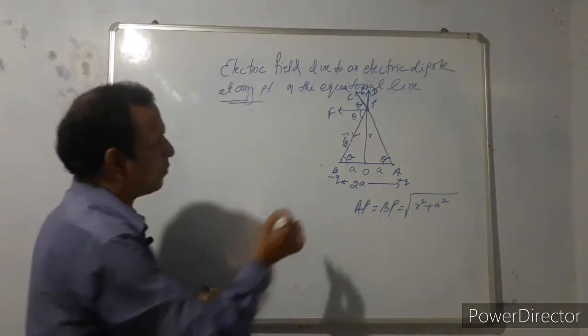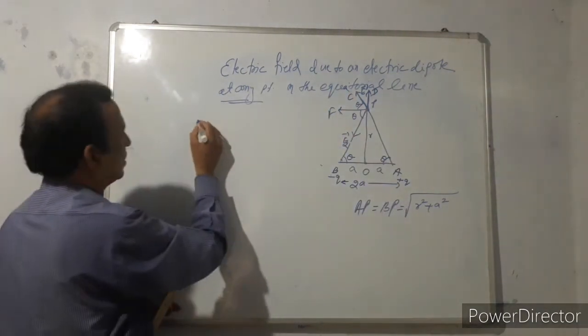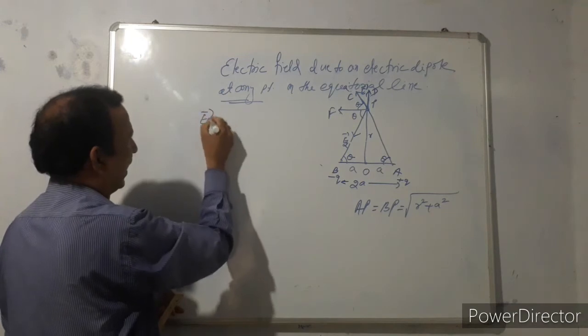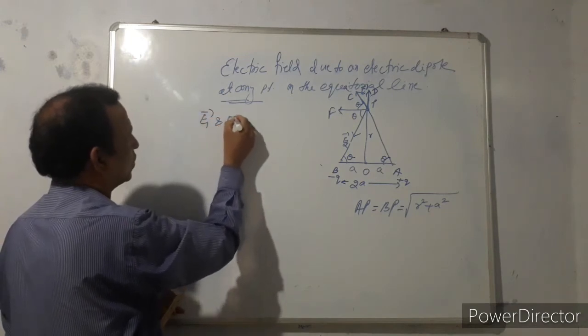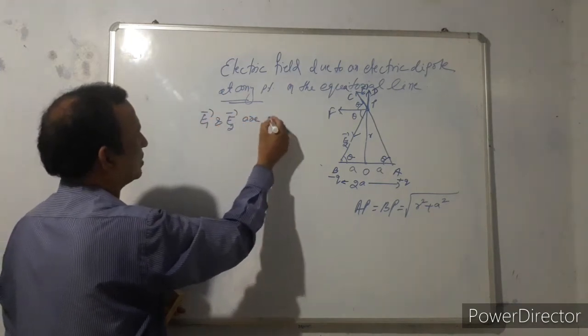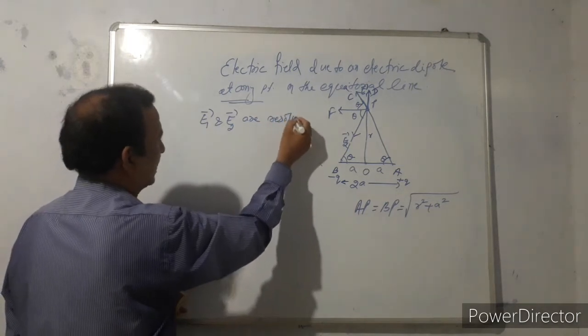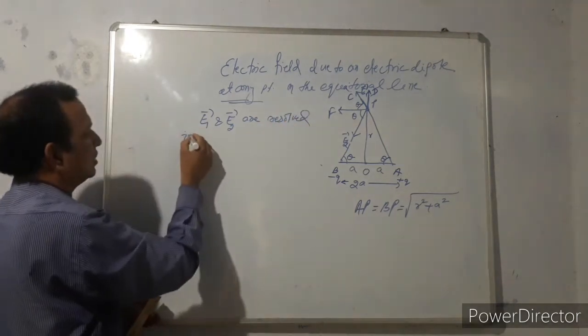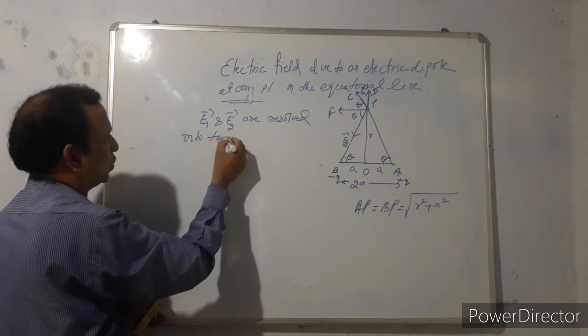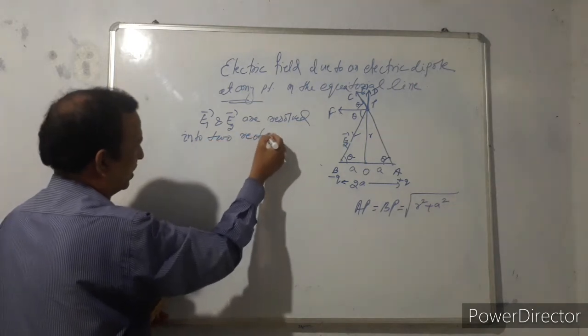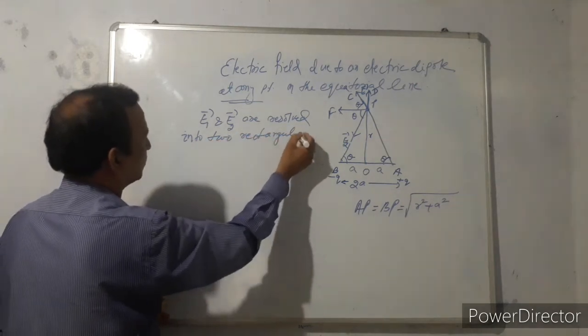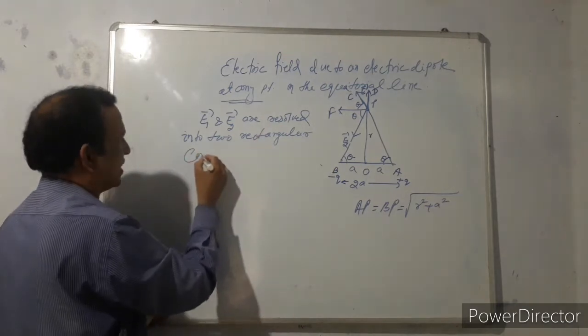Clear? So now E1 and E2 are resolved into two rectangular components.